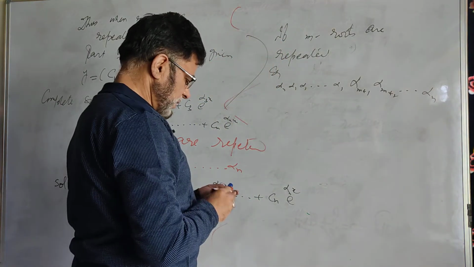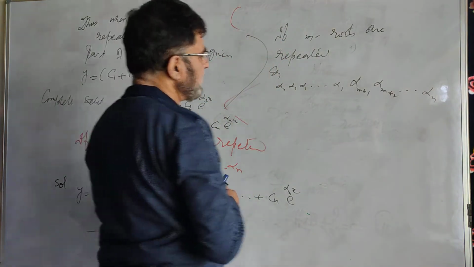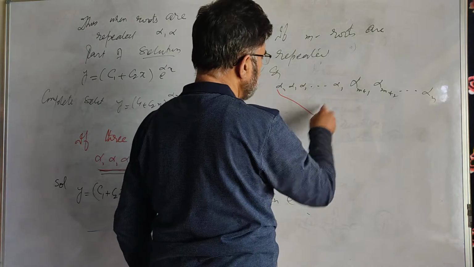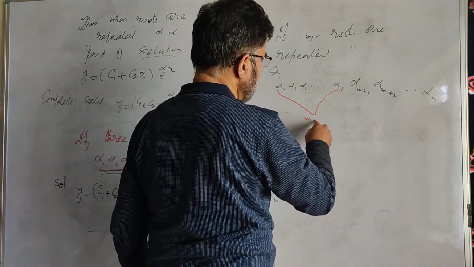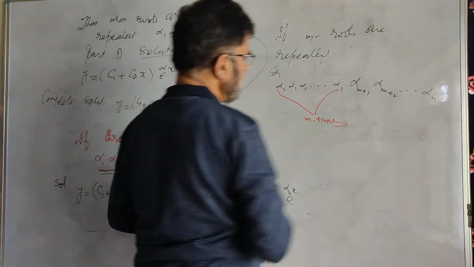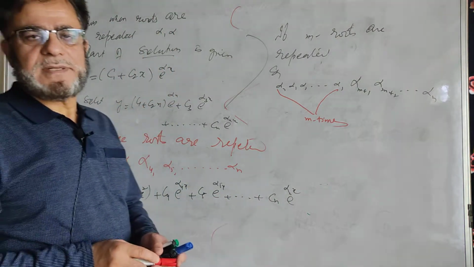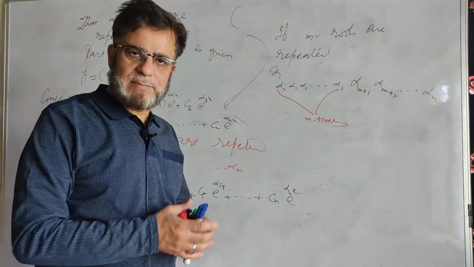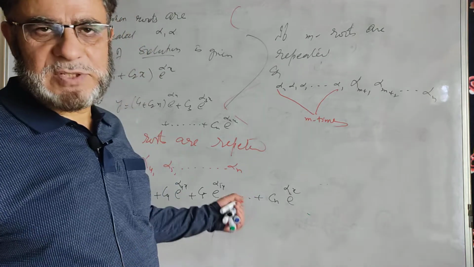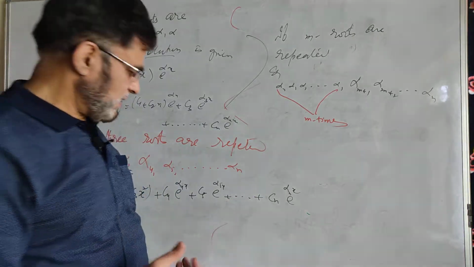These are roots. Before m plus 1 we have these roots repeated m times. First we took when 2 times we have repeated roots, 3 times we have repeated, now we have m times repeated roots.